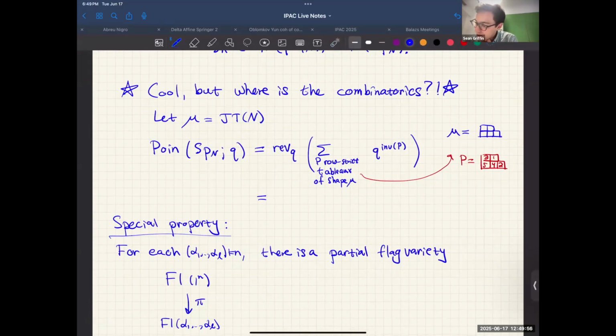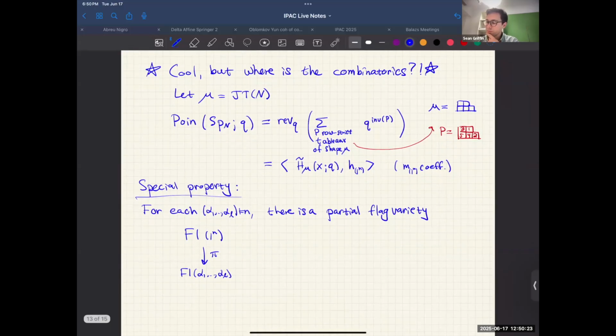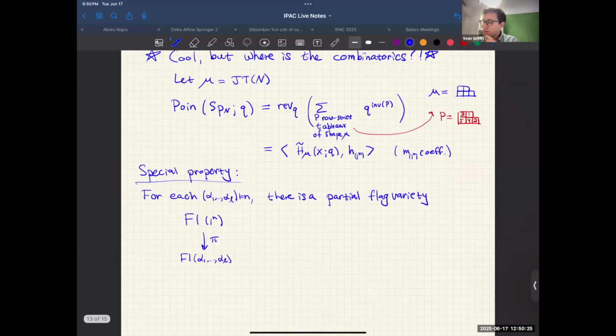Or alternatively, if you like Hall-Littlewood polynomials, this is the result of taking the modified Hall-Littlewood polynomial and taking the inner product with h1 to the n, or meaning the m1 to the n coefficient of the modified Hall-Littlewood. So that's just the m1 to the n coefficient.